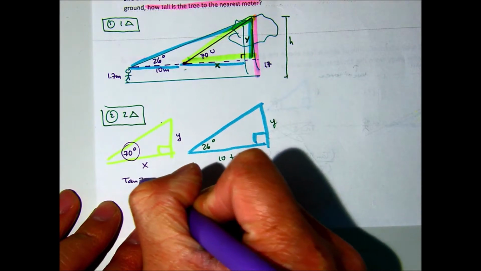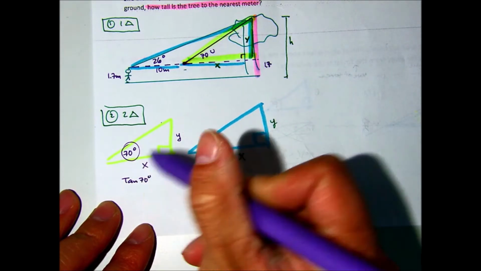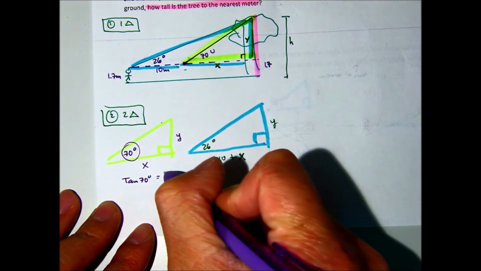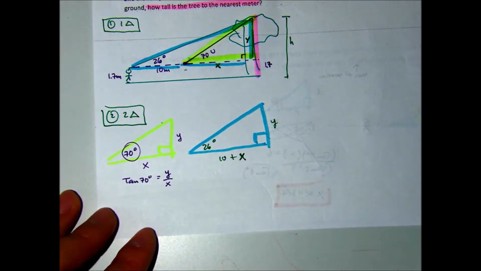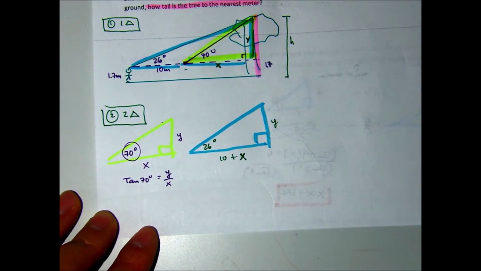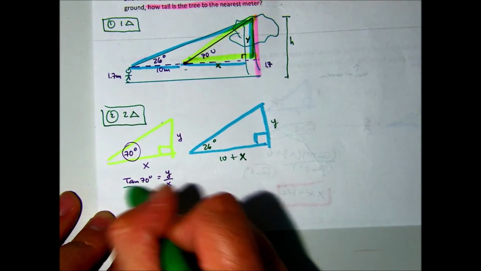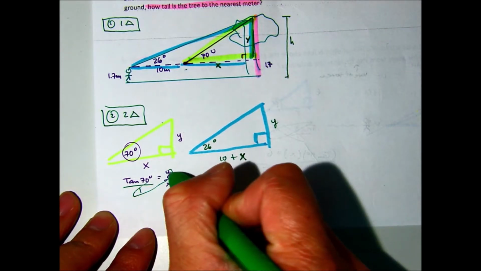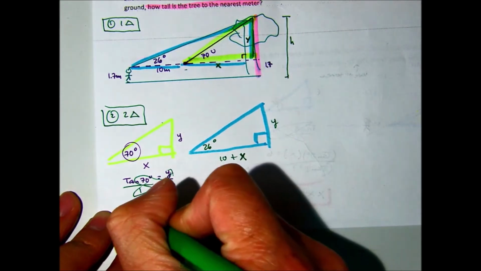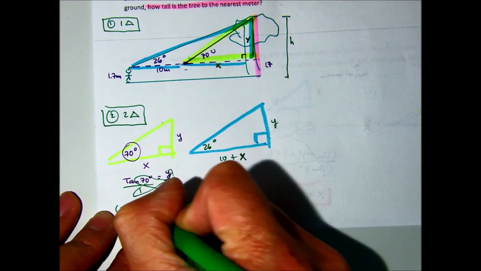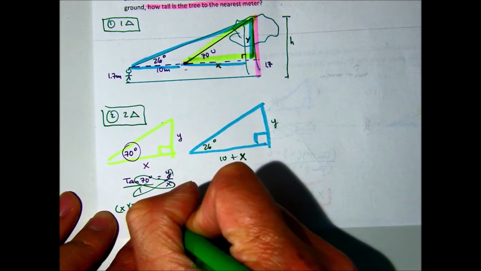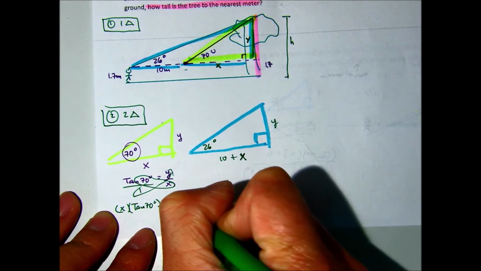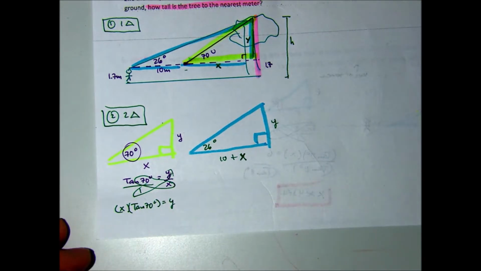Tangent of 70 degrees equals the opposite over the adjacent, which is y over x. I want to get y by itself, so I'm going to cross multiply. I have x times tangent of 70 equals y. So here's my answer in terms of y.